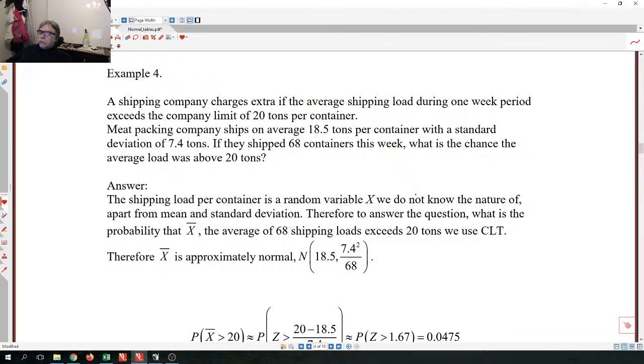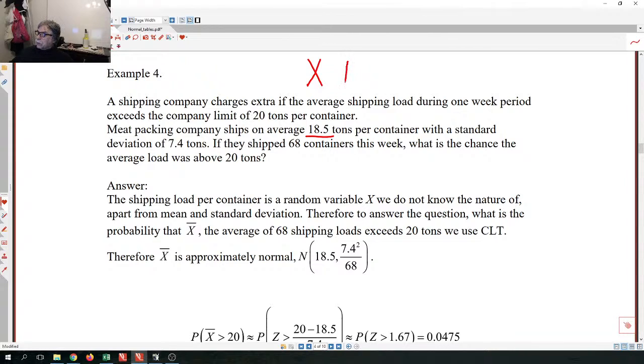So we are dealing with a shipping load. The X is a shipping load, and that is a variable. We don't know what kind of variable it is; nobody says it's a normal random variable. But we know that the meat packing company ships on average 18.5 tons.